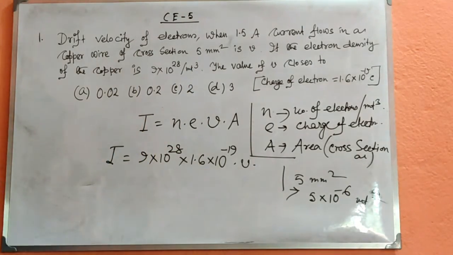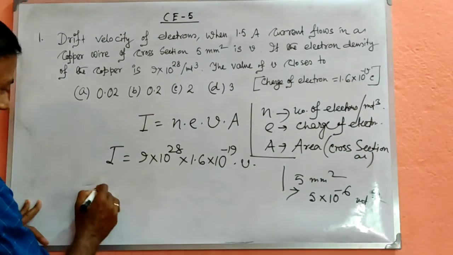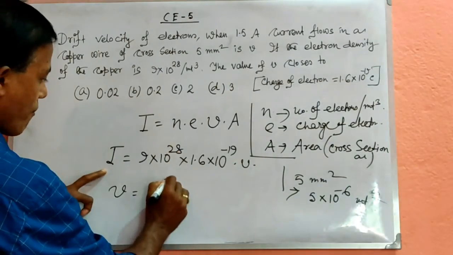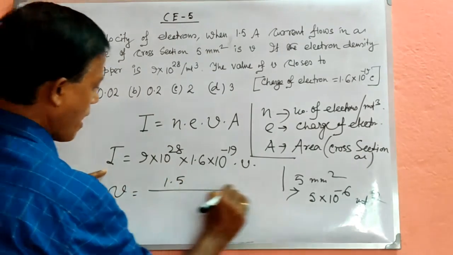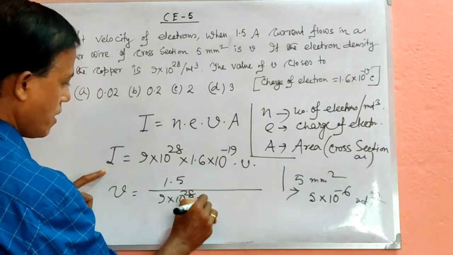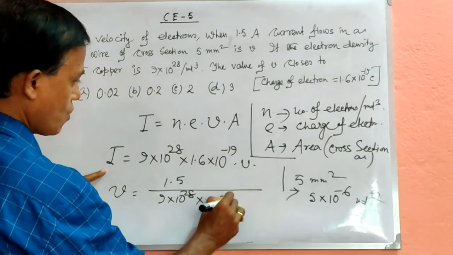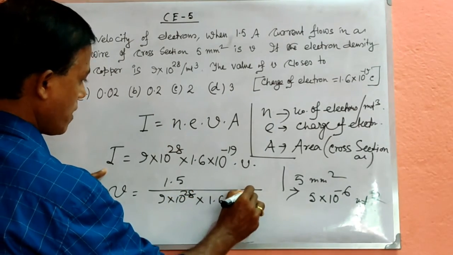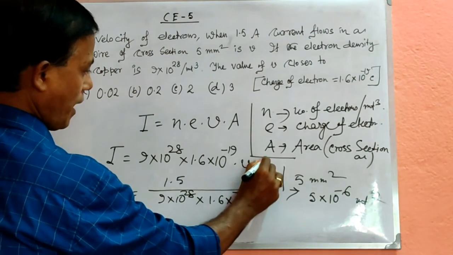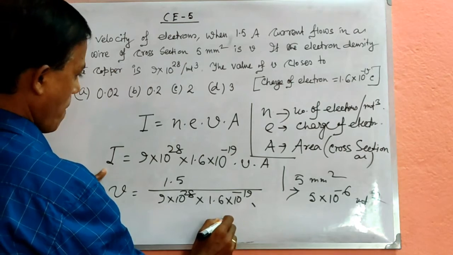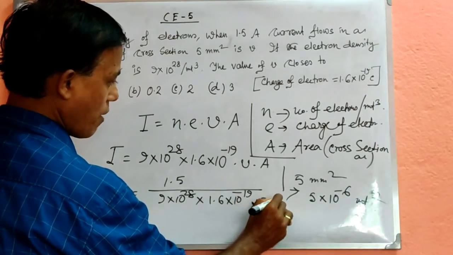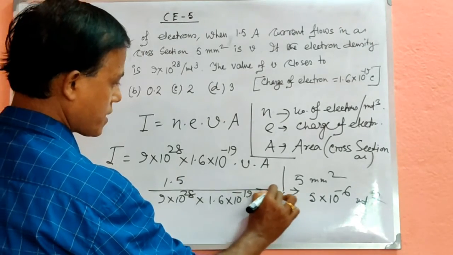So if we put all those values, then V is equal to I, 1.5 ampere, divided by 9 into 10 to the power 28, 1.6 into 10 to the power minus 19, and also A means 5 into 10 to the power minus 6.